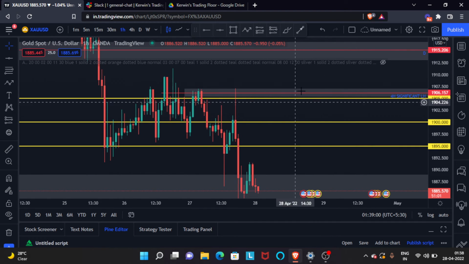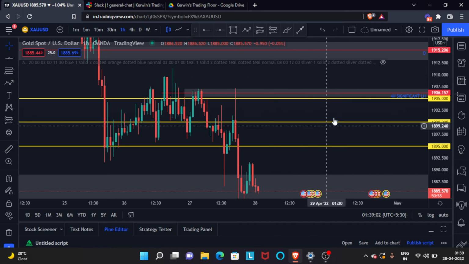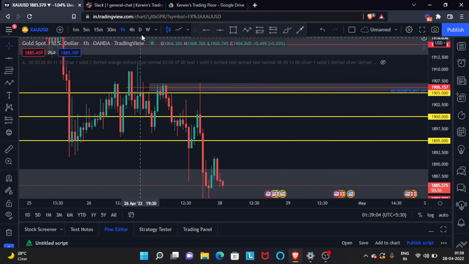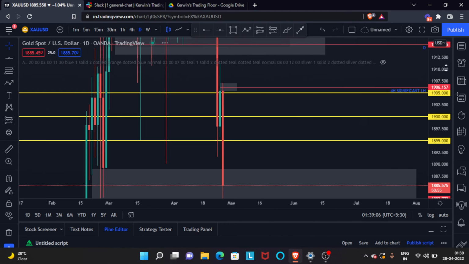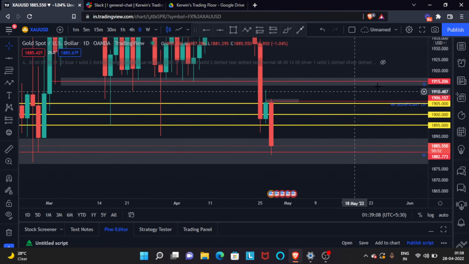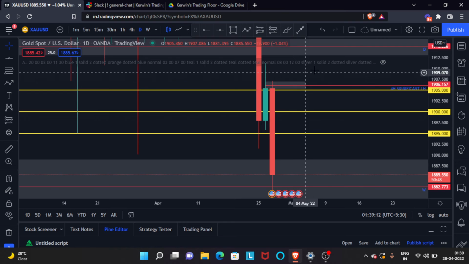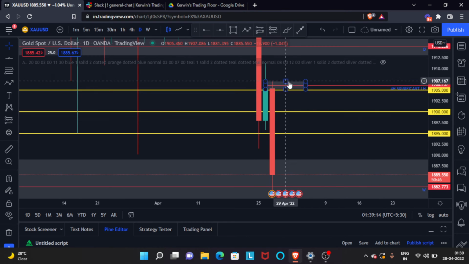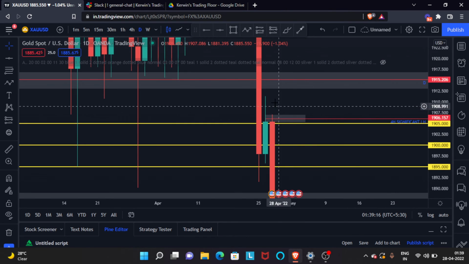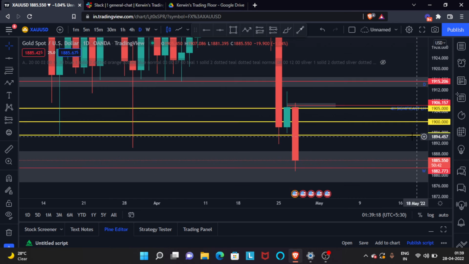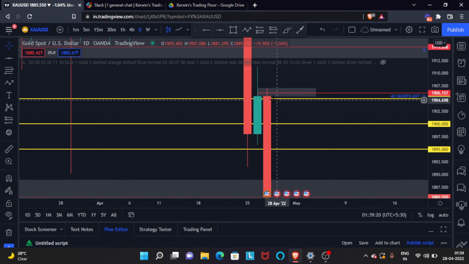Like if you get the entries in this area, these would be prime entries, but we don't know how good will these be playing, right? Because at this point the daily candle would be very very bullish, and it might happen that it breaks the low highs of the candle and starts moving up. But the scenario which I'll be considering up here would be a fake out on these 1905 levels, right?